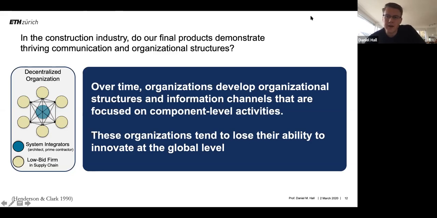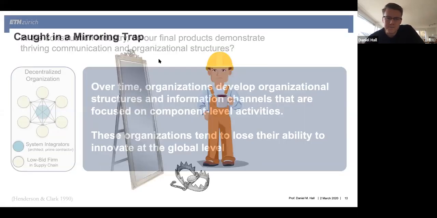All right, so I'll read that again really quickly. Over time, organizations develop organizational structures and information channels that are focused on component level activities. So component level activities would be the structural system or the mechanical system, or very smaller level activities, but not the overall system. And these organizations tend to lose their ability to innovate at the global level.